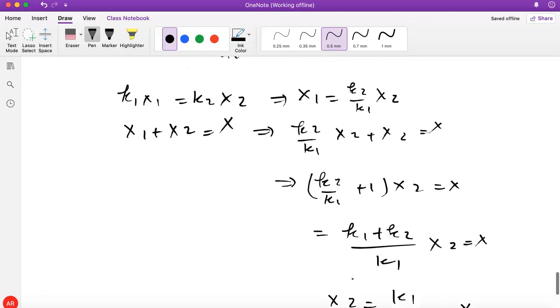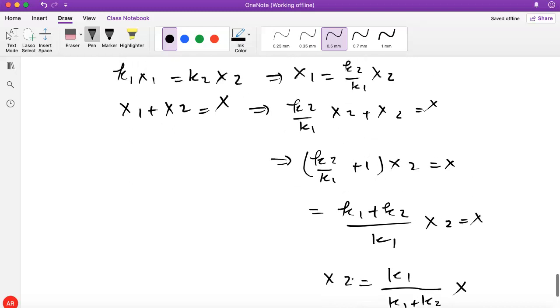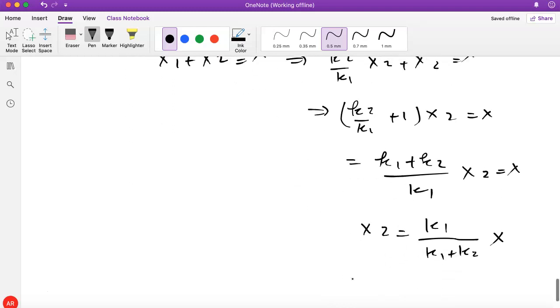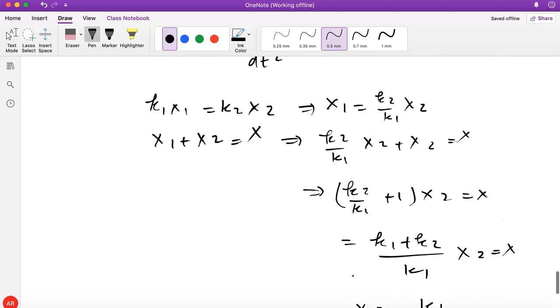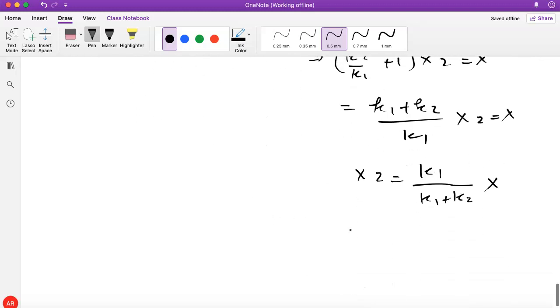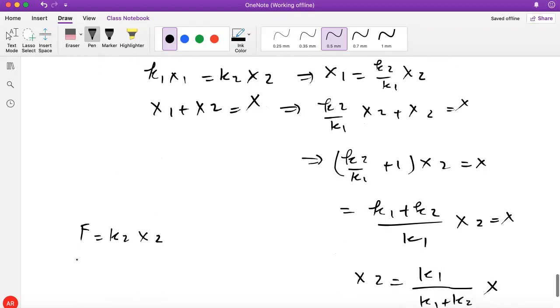Okay. Now, the force F I can write as k2 times x2. And going back here, we find minus k2 x2 is minus k1 k2 over k1 plus k2 times x, which equals m times the second derivative.